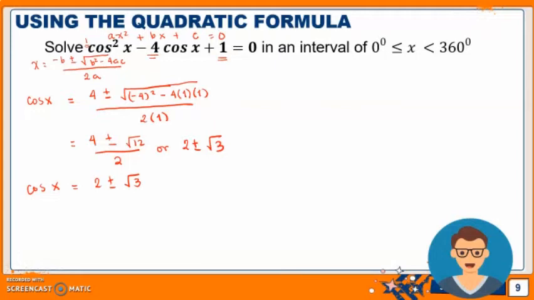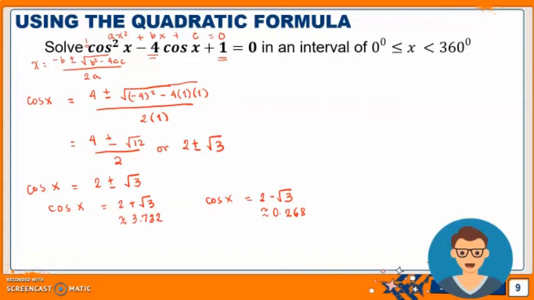Since we have two values here, we could separate that into cosine x is equal to 2 plus the square root of 3, and cosine x is equal to 2 minus the square root of 3. And then this one is approximately 3.732, and this one is approximately 0.268.